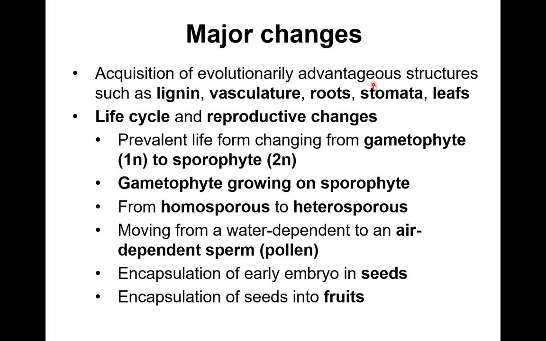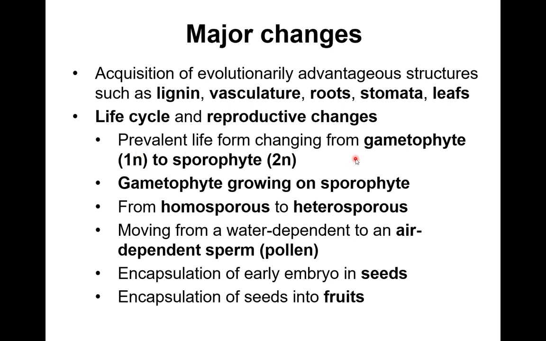But most importantly, I want you to focus on how the life cycle and the reproductive efficiency overall has changed over time. And I want you to see how we went from plants that used to be mostly in the haploid, so gametophyte, phase in their life cycle. You see mosses.